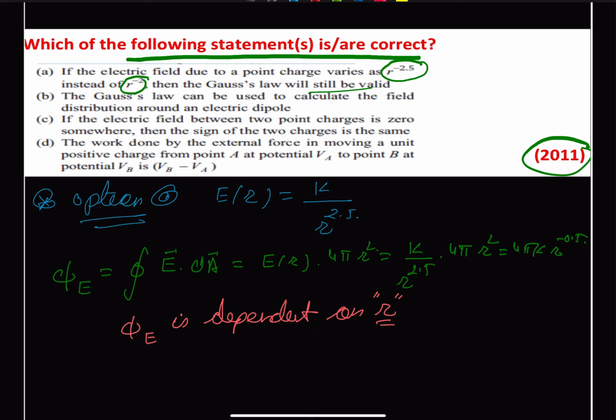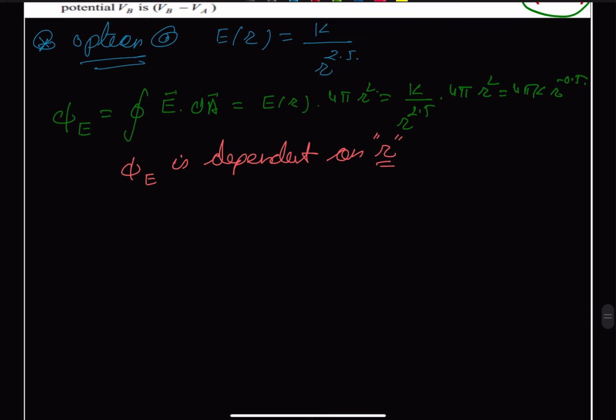But Gauss law states that flux is only dependent upon the enclosed charge, that is q upon epsilon naught, basically constant. By Gauss law, our flux is equal to q enclosed divided by epsilon naught.